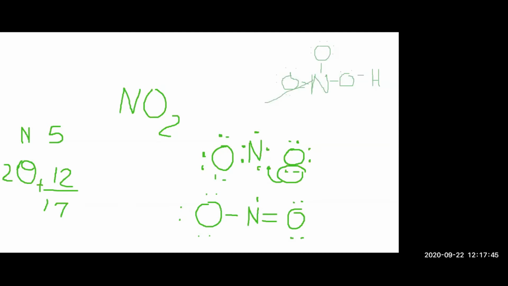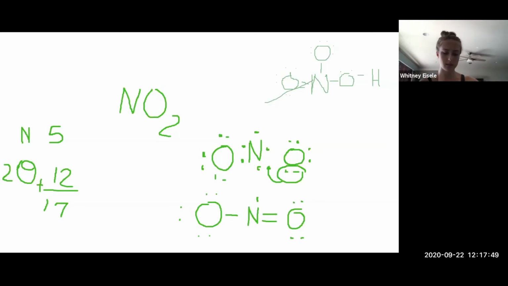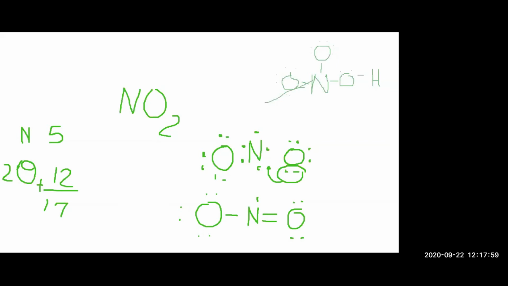You need 24 total. Right. So the H is definitely going to take one of the oxygens away from one of the oxygens. Does it matter what side the H is on?